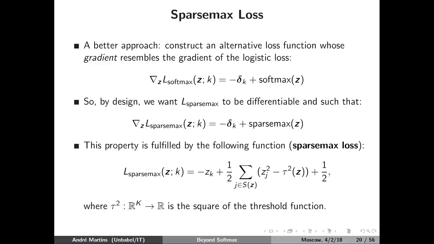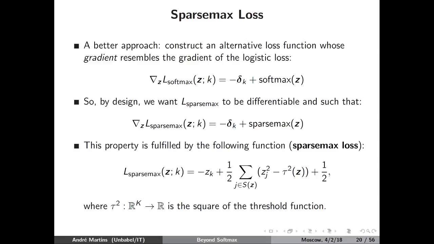We did several attempts, and in the end, we came up with this loss that satisfies exactly the property that we need. It looks a little bit mysterious at first sight. This is the Sparsemax loss, the function such that the gradient is exactly this.